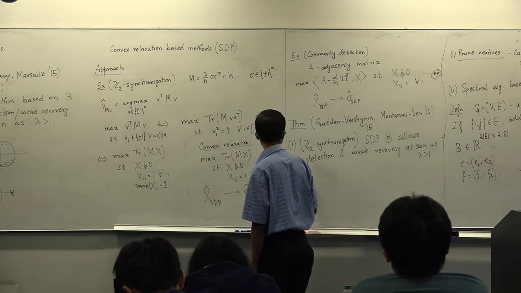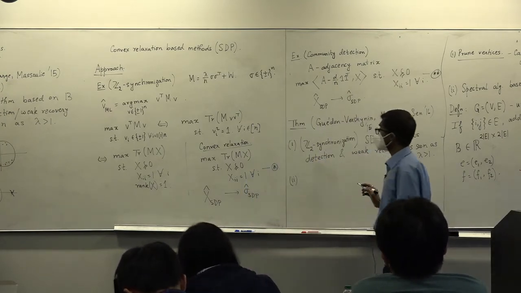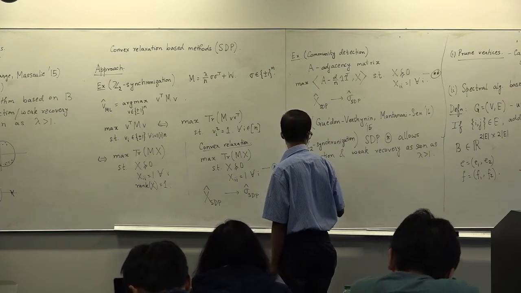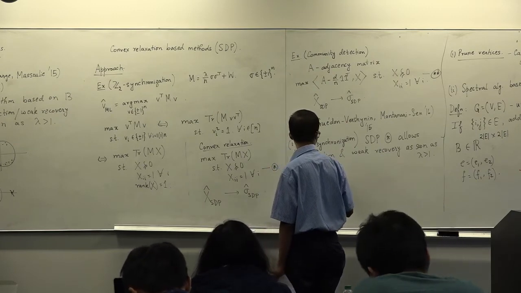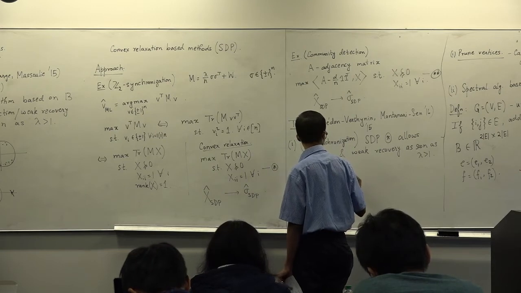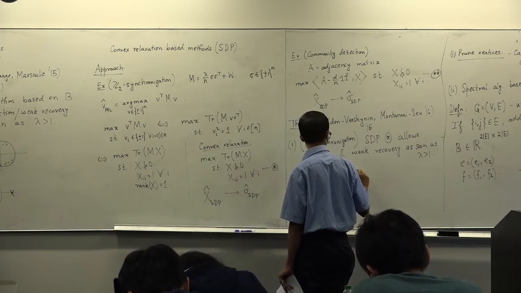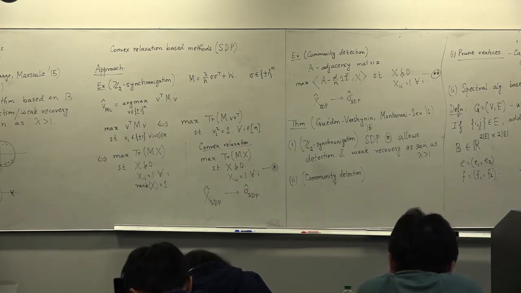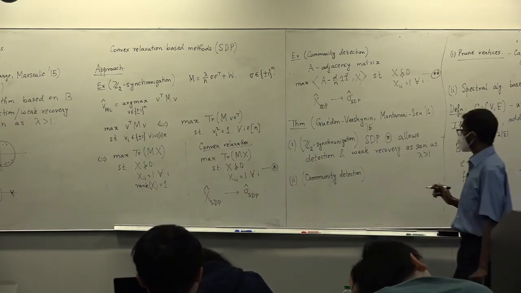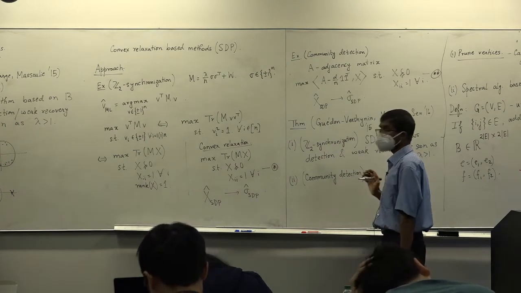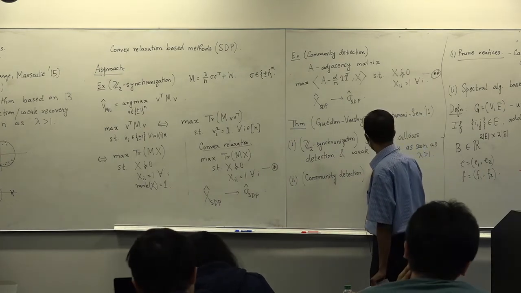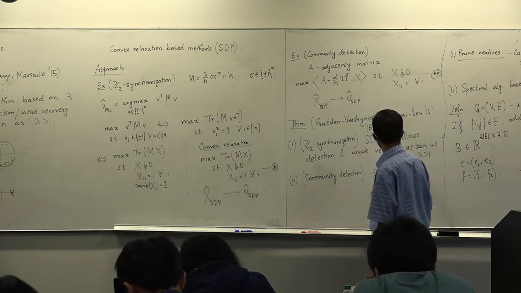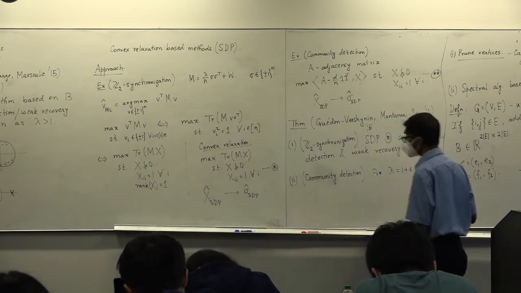The result for community detection is a bit more involved. So the idea is as follows. You fix any lambda which is 1 plus epsilon.